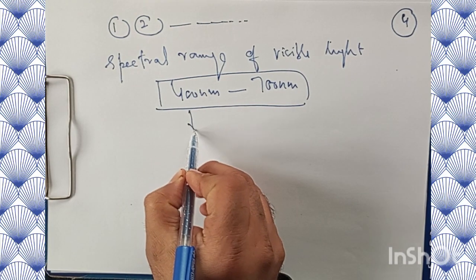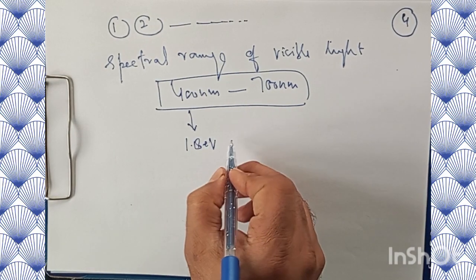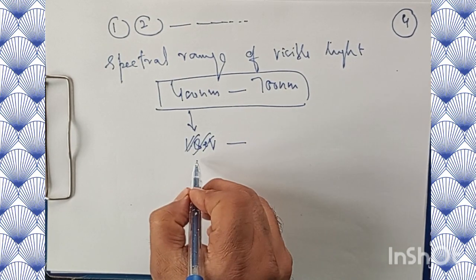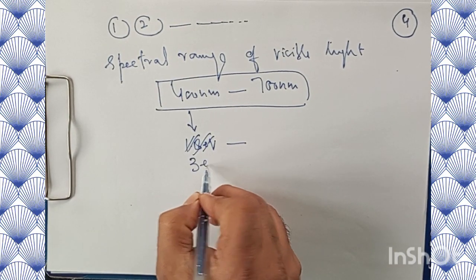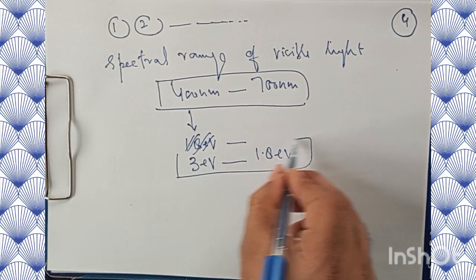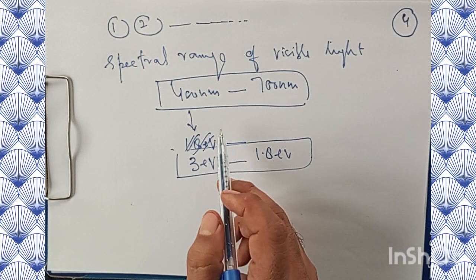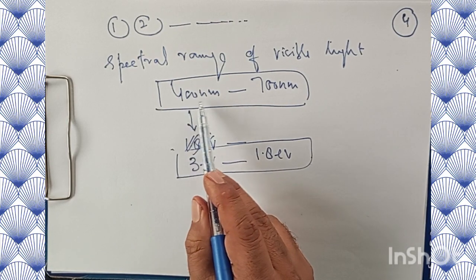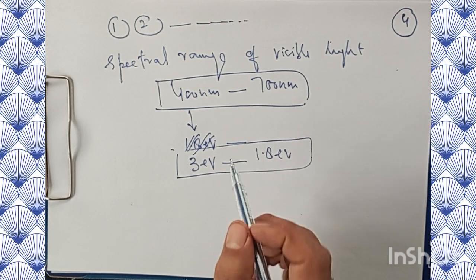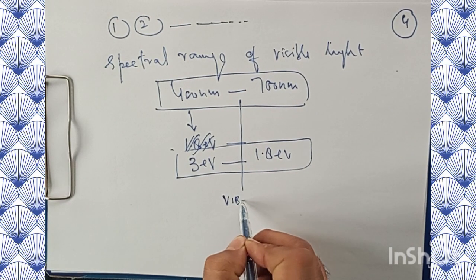Now, if we convert this wavelength into energy, it is nearly 3 electron volt to 1.8 electron volts. So this will be the range of energy gaps that you will need to have the wavelengths between 400 nanometers and 700 nanometers, right? So this will certainly enclose the VIBGYOR, right?